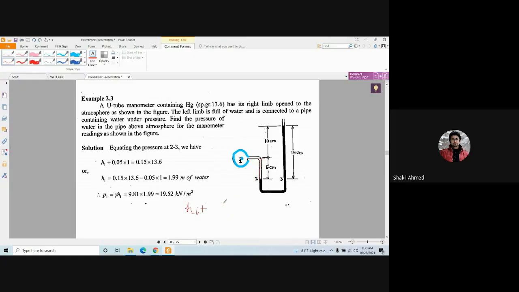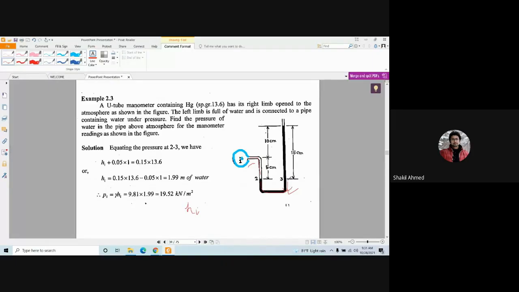By the way, first of all, you need to know one thing. When you are mixing liquids, this is one type of liquid and this is another type of liquid, right? Yes, sir. Okay. So you have to remember that you can add apple with apple. You cannot add apple with an orange. So the height of the liquid of this one cannot be added to the height of the liquid of this one. So we need to bring them all to a single scale, the same scale, and that's the water scale.